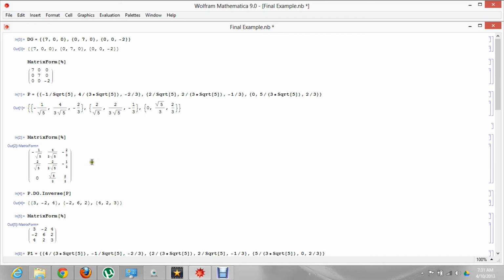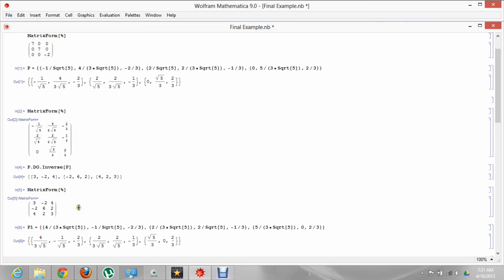But it is the same thing, and I actually entered it as √5/3, which is what we actually calculated up here anyway. But so we've got D, we've got P, and I just simply multiplied P, D, times the inverse of P to see what we get. And after doing so, I put it into the form that we're used to for matrices. We come up with our beginning matrix A that we started with.